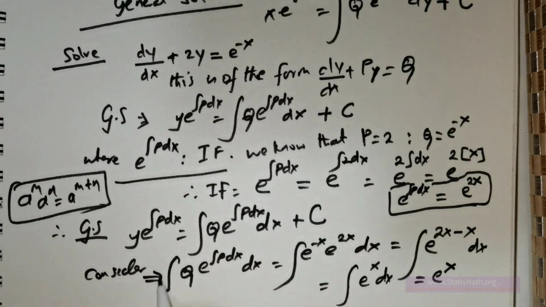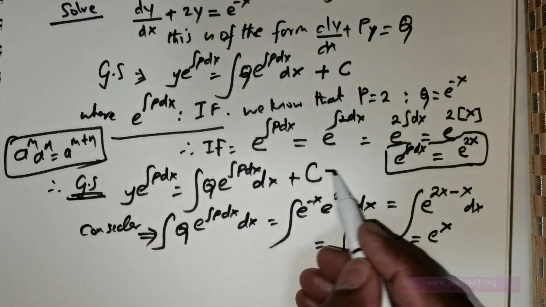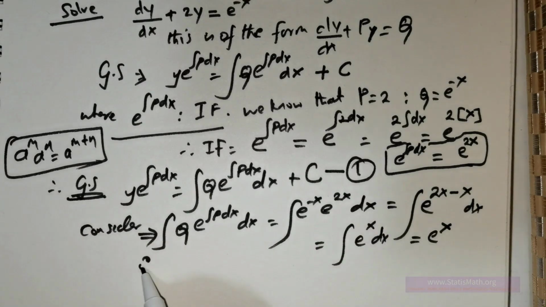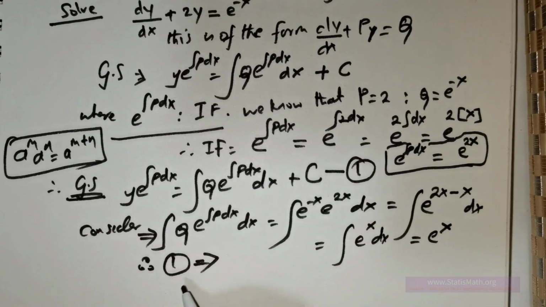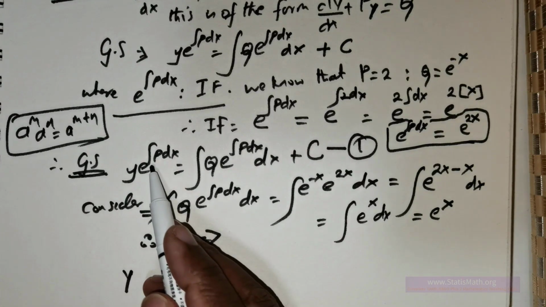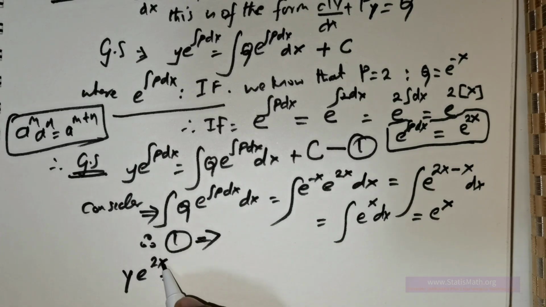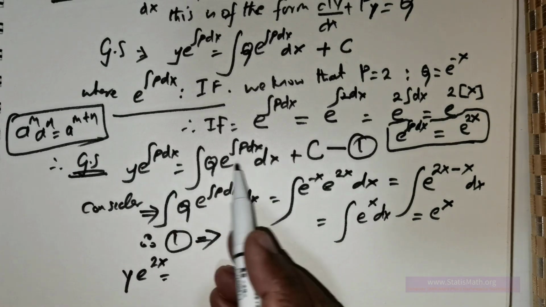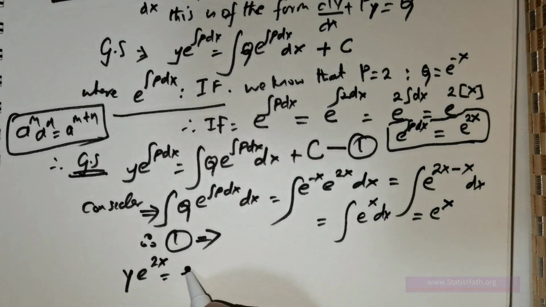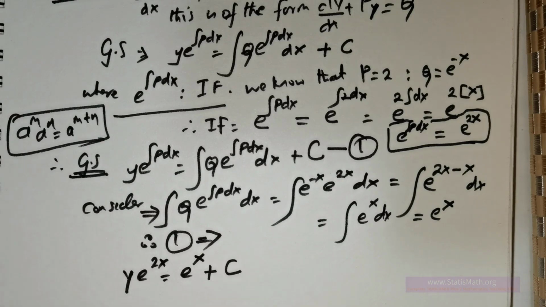So I have got this, and all I need to do is substitute. So y·e^(2x) is equal to this quantity, e^x, plus an arbitrary constant c.